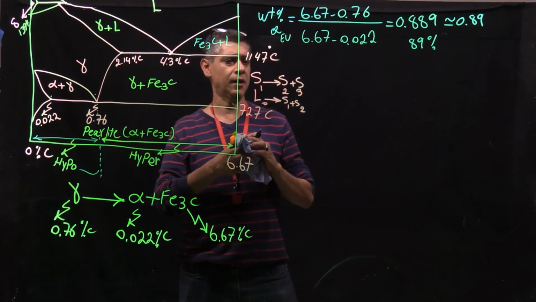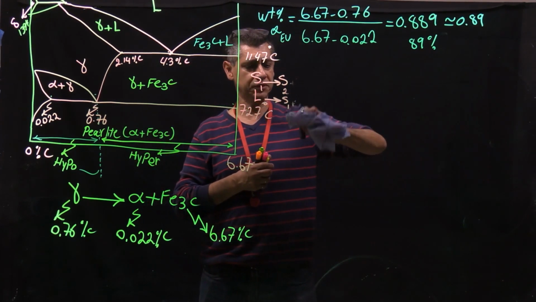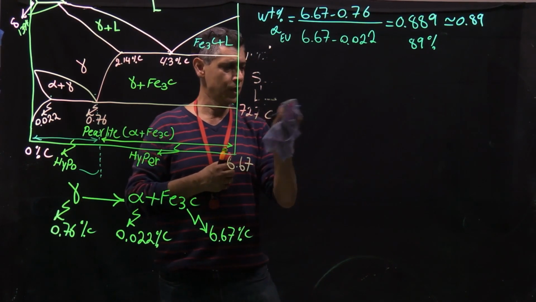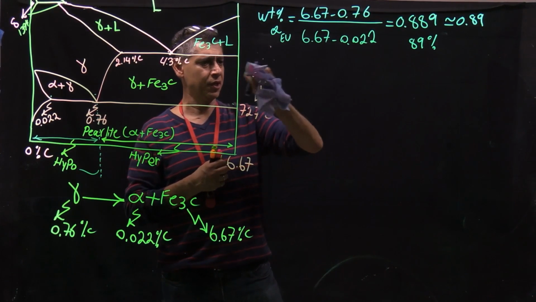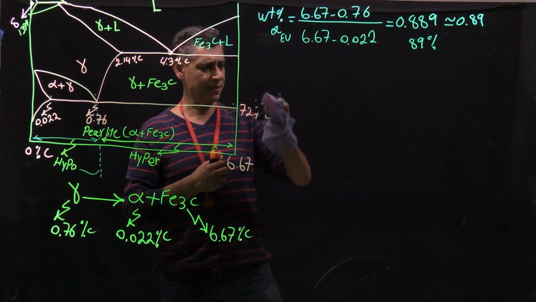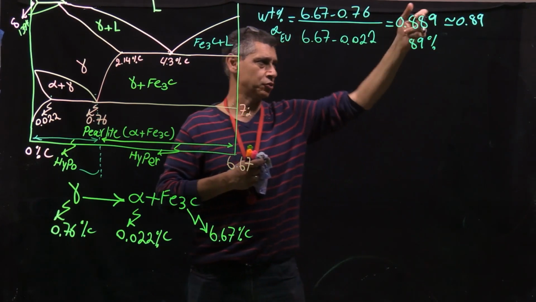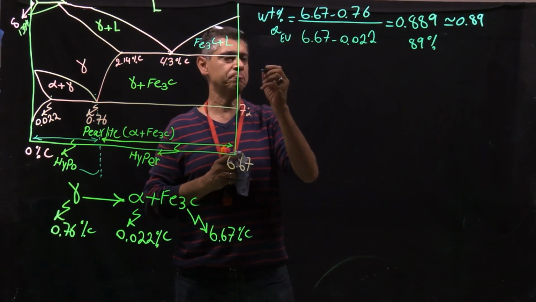Let me delete here now just to make it a little easier. So I want to do the exact same thing for the amount of cementite, and I could write obviously 100 minus this, or 1 minus the other one, but I'll just write it down here.